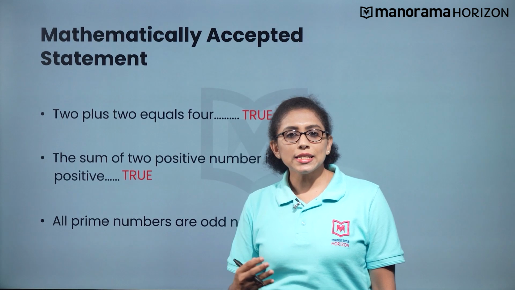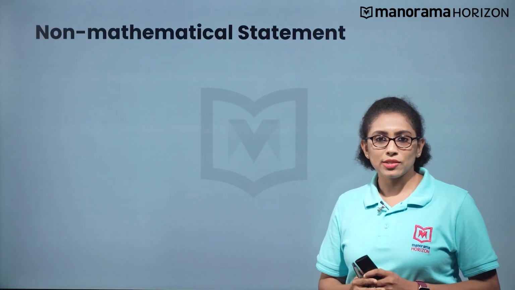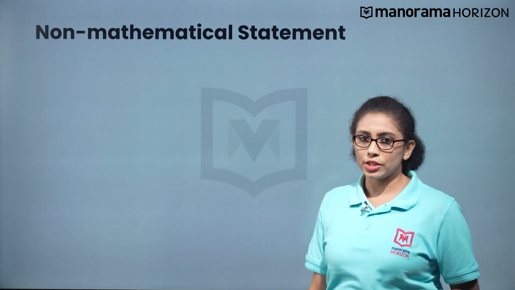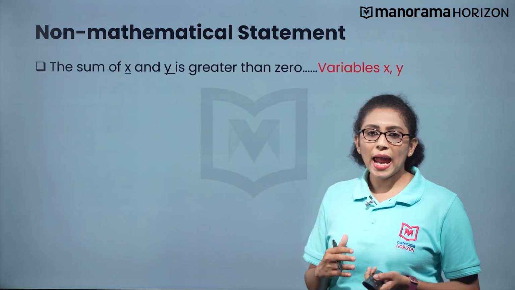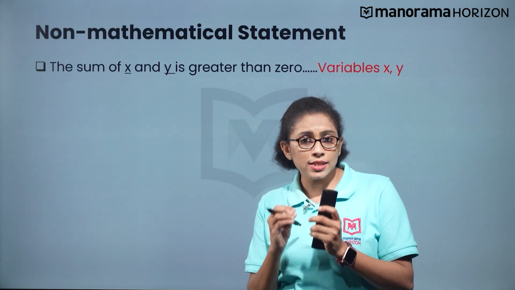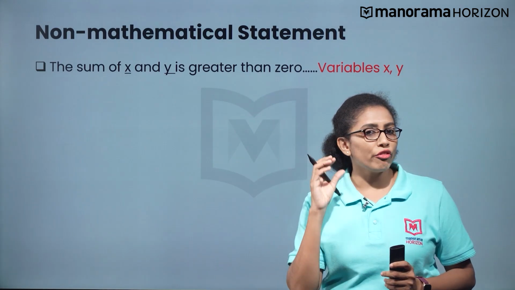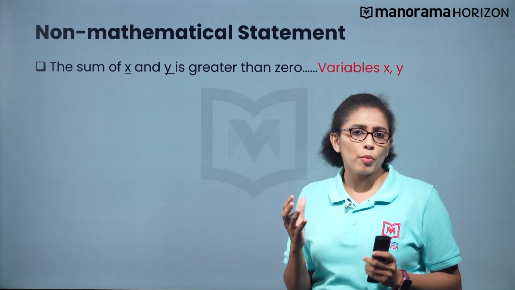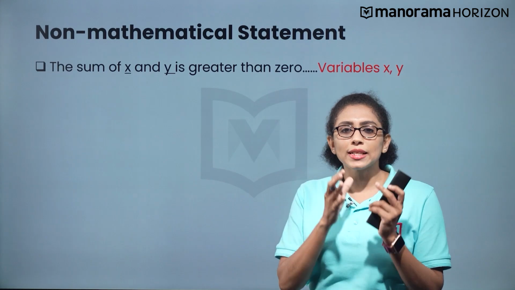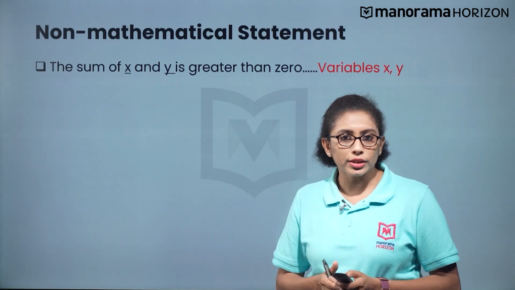Now let us see some ambiguous sentences, which means sentences which are not mathematical statements. Sum of x and y is greater than 0. In this sentence, x and y are variables and we are not sure about these values. Unless we know the exact values of x and y, we cannot conclude it.